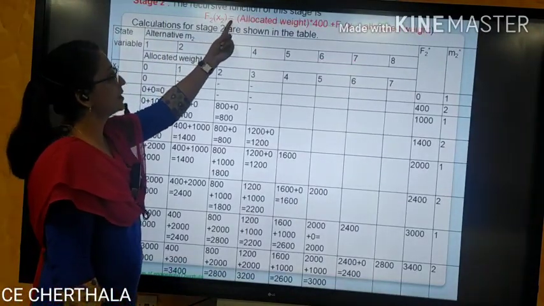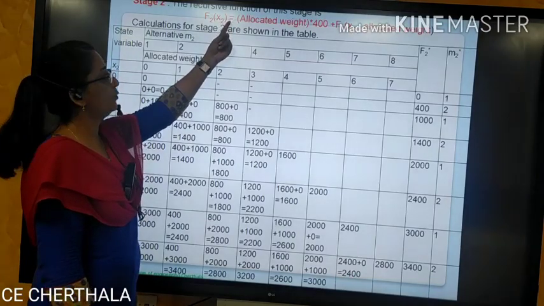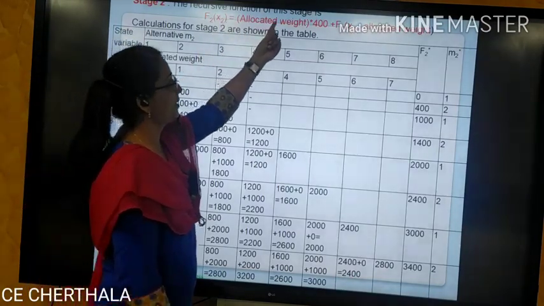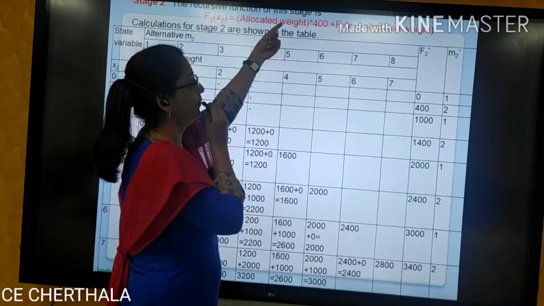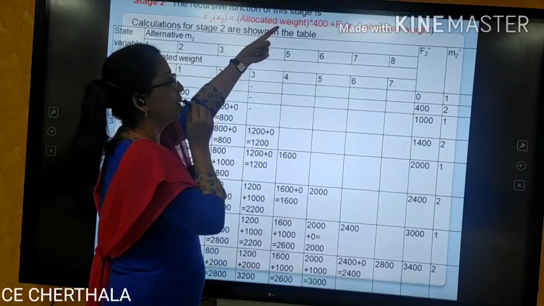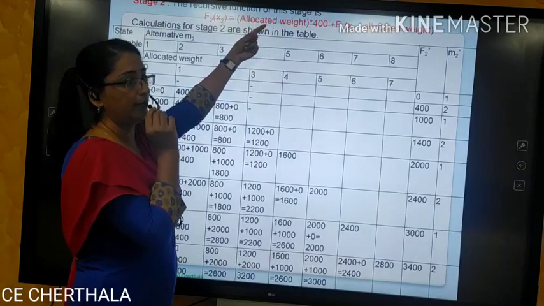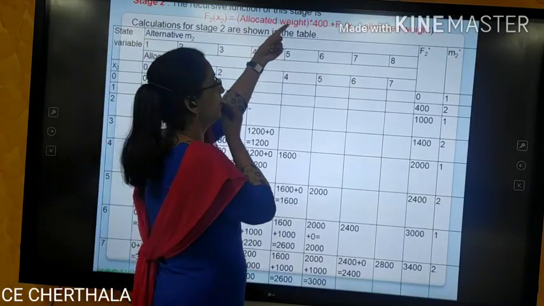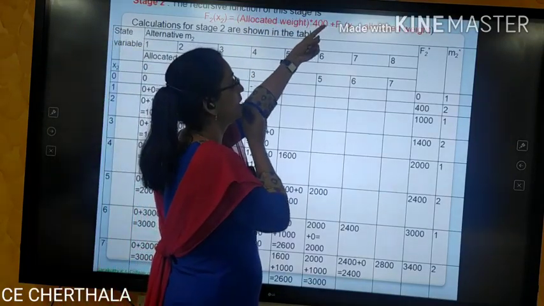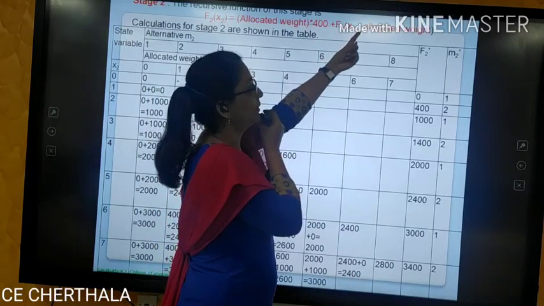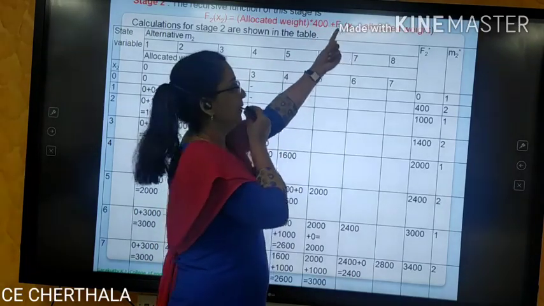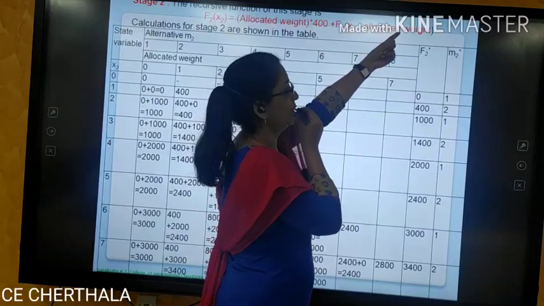So the recursive function for stage 2 is f2(x2) equals allocated weight by 1 into 400, because 1 is the weight of each unit for item number 1. So allocated weight into 400 plus this is the function value from stage 1, f1 of (x2 minus allocated weight).